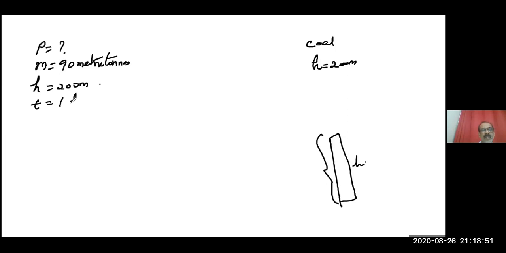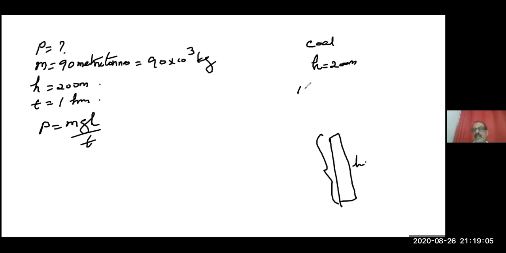Time is 1 hour. In the same way, power is equal to mgh by time. Here 90 metric ton is 90 into 10 to the power 3 kilogram, since 1 metric ton is equal to 1000 kilogram.